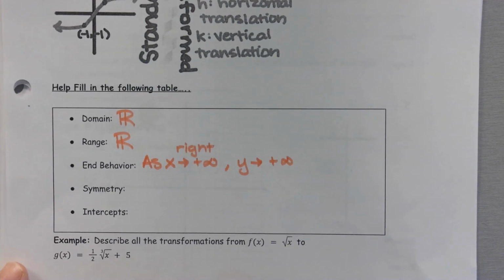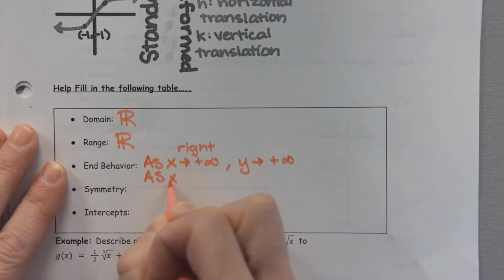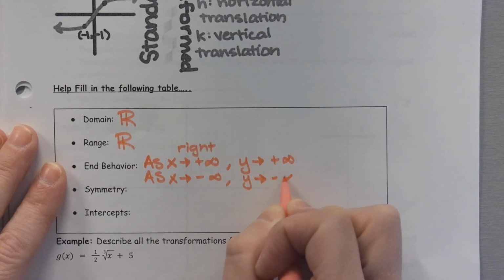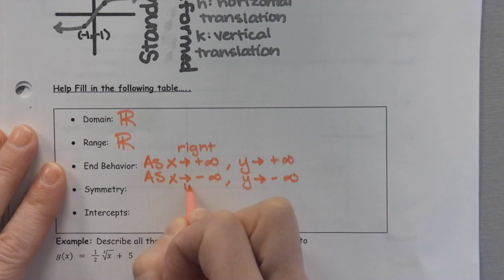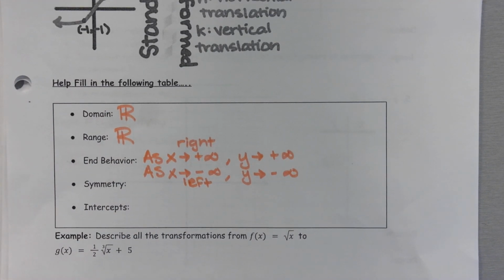So as you go to the right, it goes up. As you go to the left, it goes down. So that's why it's going to hit all the things. As you go to the right, it goes up. As you go to the left, it goes down.